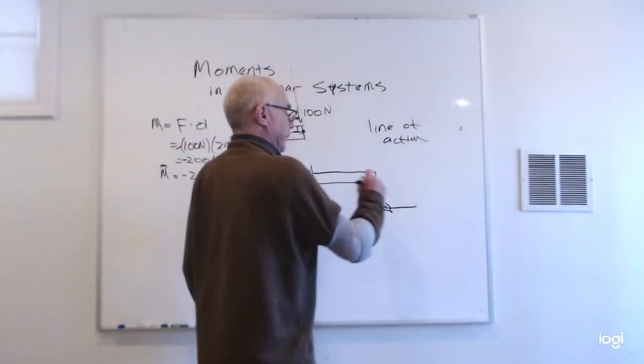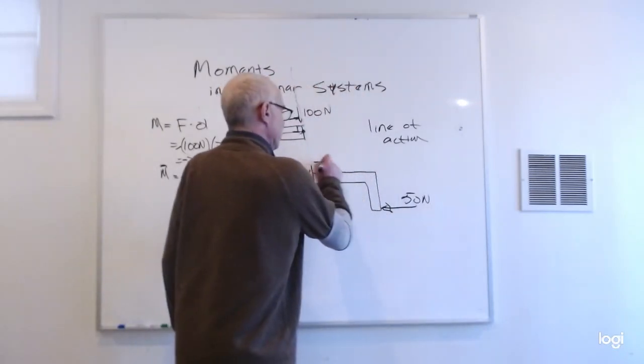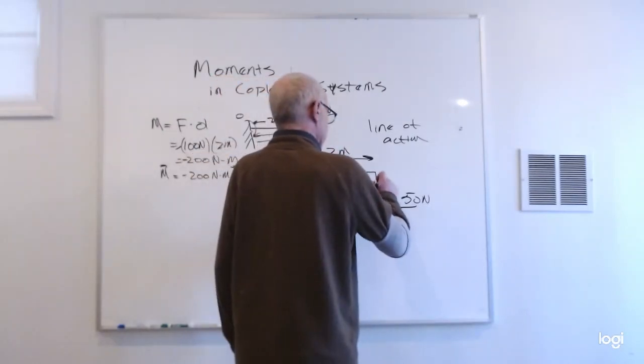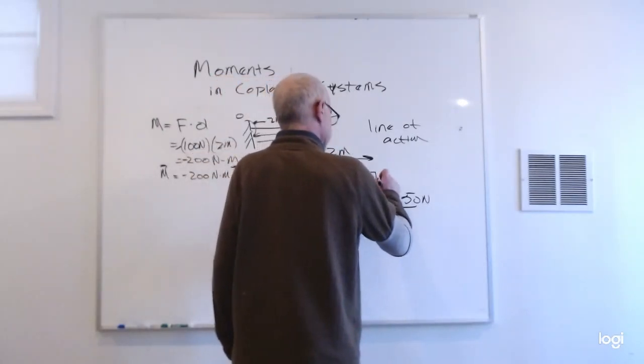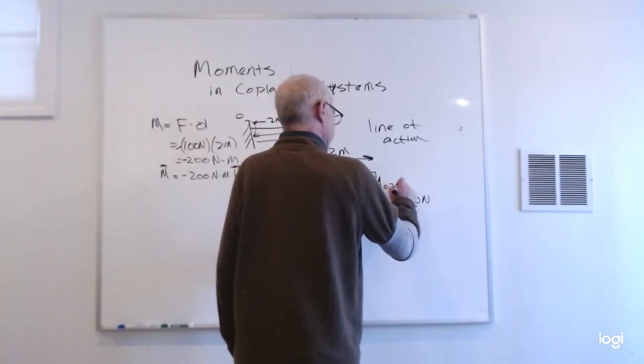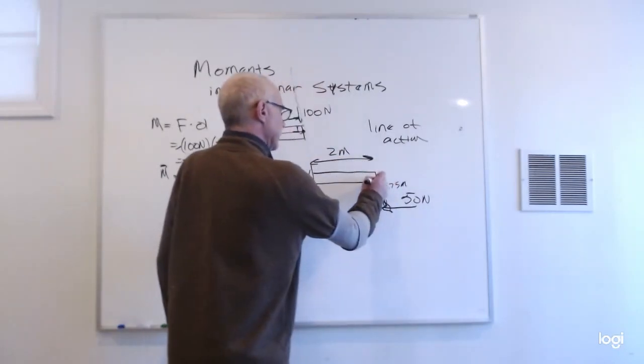Okay, so we have a 50 Newton force. We have 2 meters here. And we have 0.75 meters from here to here, right here to the center of this thing.